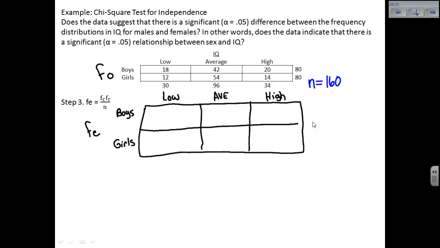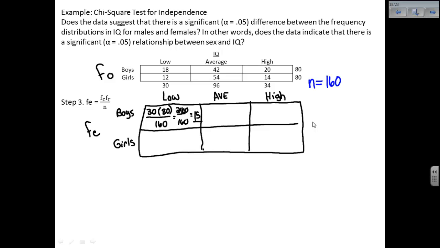So, for the first one, the frequency column for boys with a low IQ is 30 multiplied by the total number of boys, 80, divided by the sample size, 160. And 30 times 80 gives you 2,400. 2,400 divided by 160, and you end up with 15.